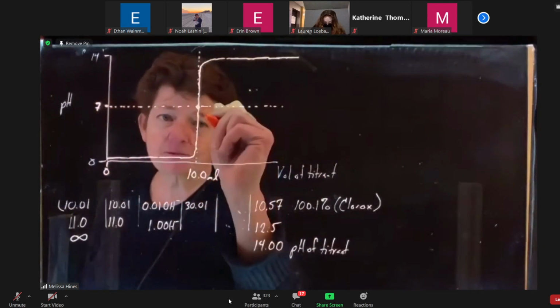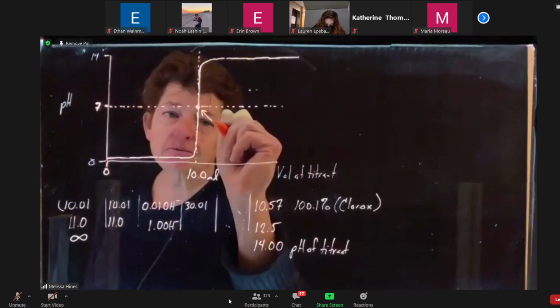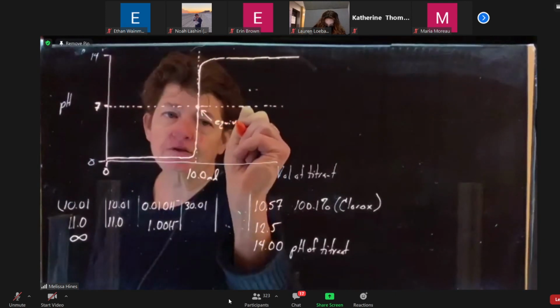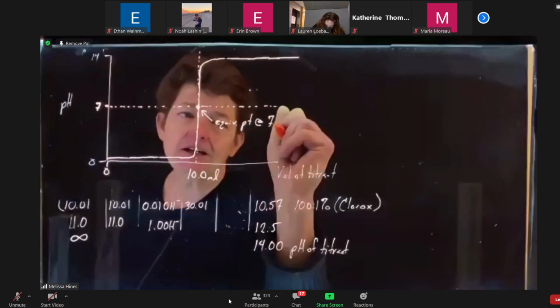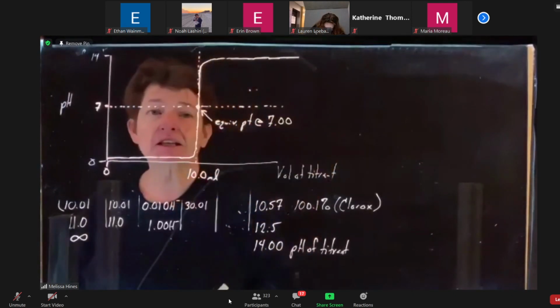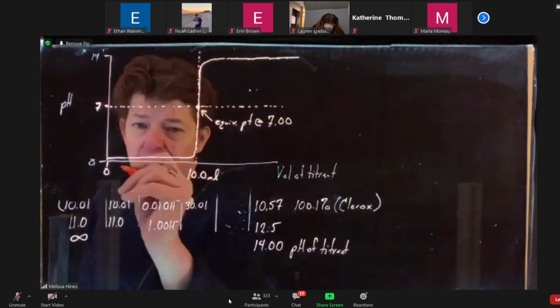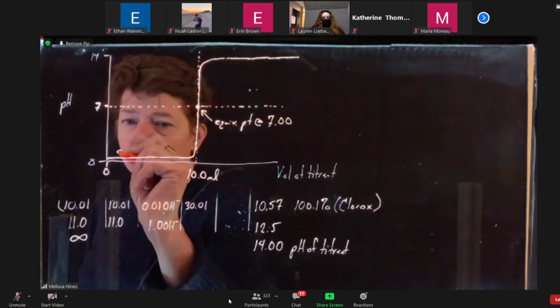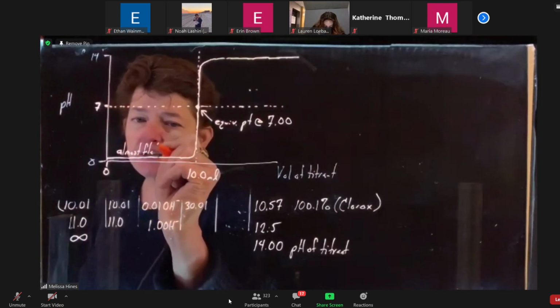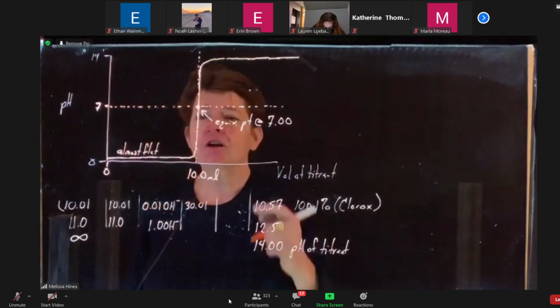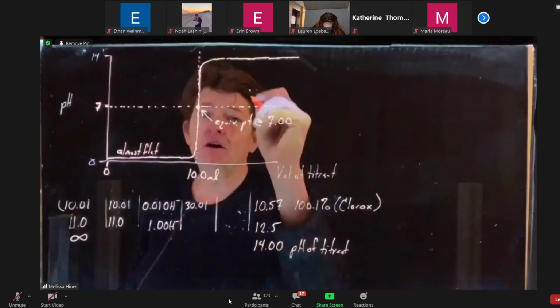There are going to be some important points. One important point is going to be our equivalence point. Our equivalence point is going to be at a pH of 7 because we're making a neutral salt. The first part of this titration curve is going to be almost flat. The pH essentially does not change before you get to the equivalence point.